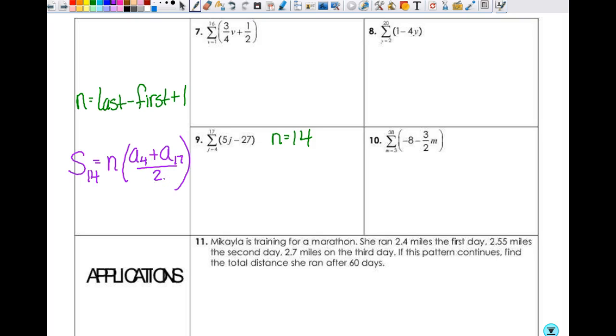So I need to find the 4th term, which is 5 times 4 minus 27, and the 17th term, so a 17 is equal to 5 times 17 minus 27.